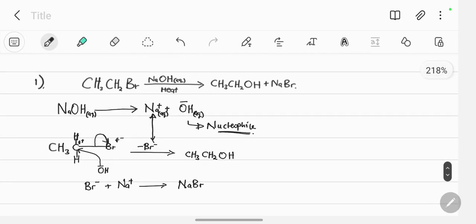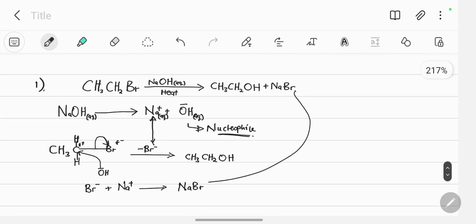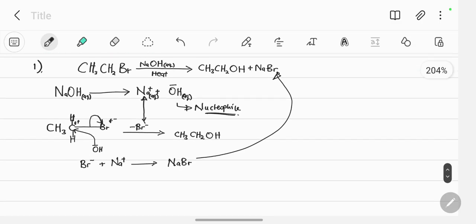So this is it, and that sodium bromide explains its presence there in our reactions. So that one was our first reaction. Then I'm going to the second reaction.